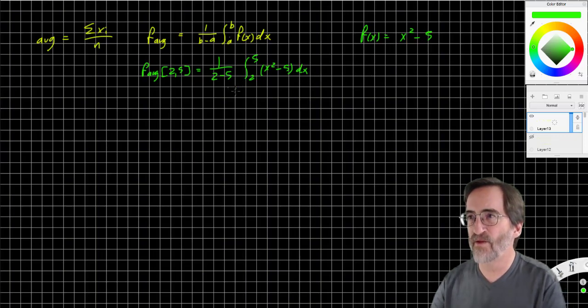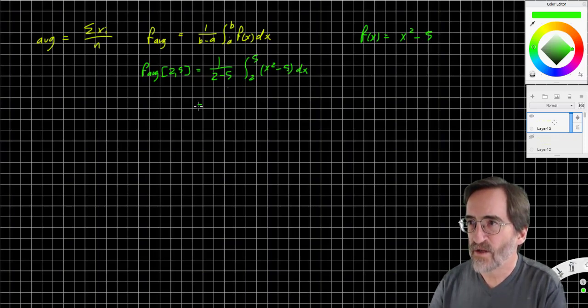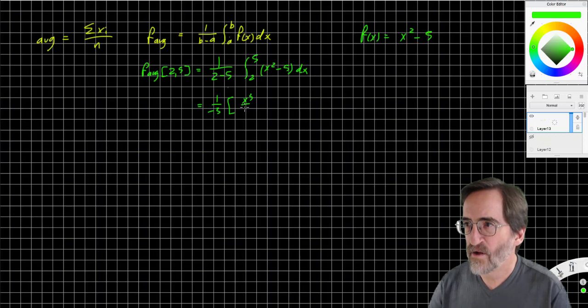Okay, let's evaluate that here. So we get 1 over negative 3, or negative 1/3, times the integral of x squared, which is x cubed over 3 minus 5x, from 2 to 5.